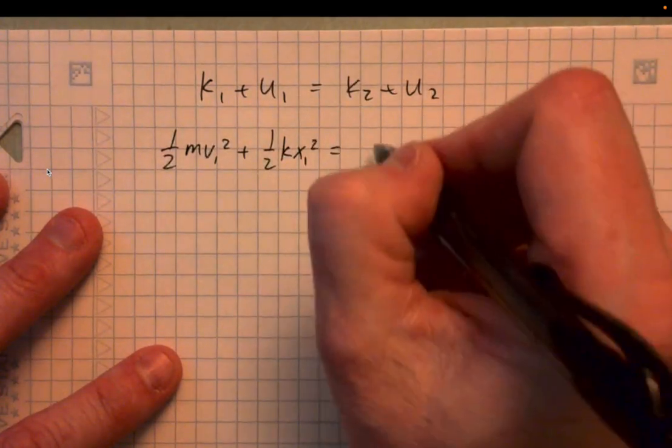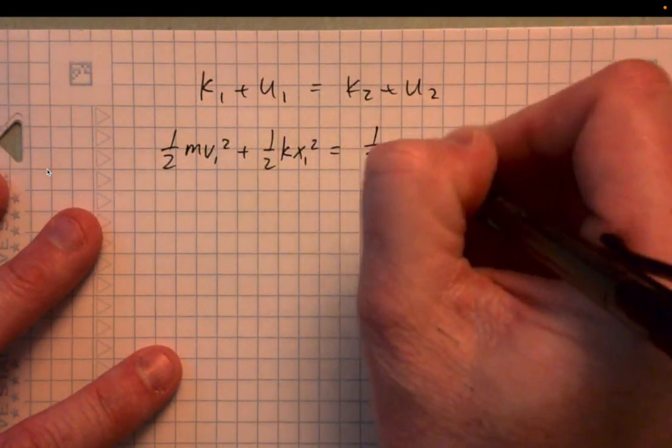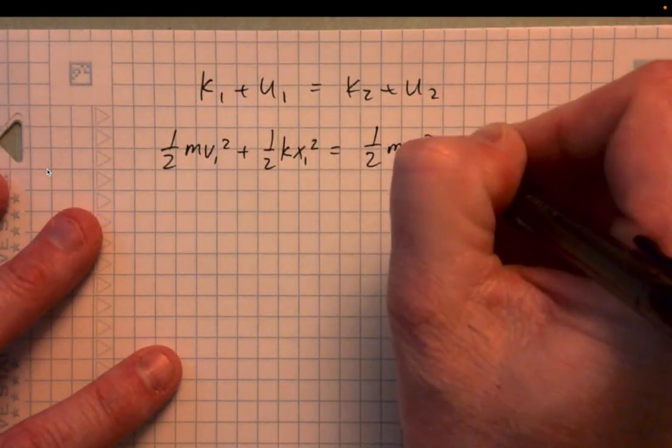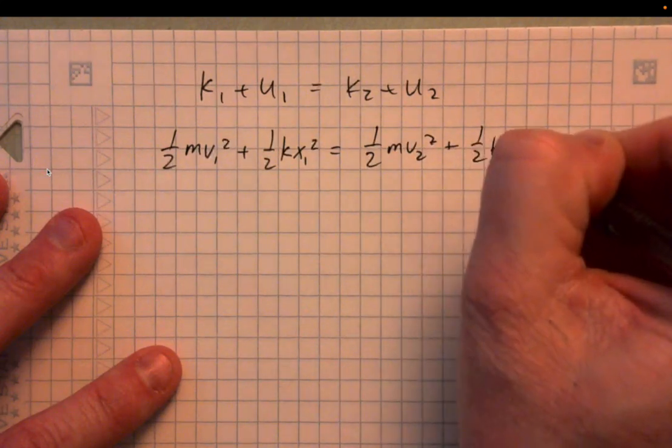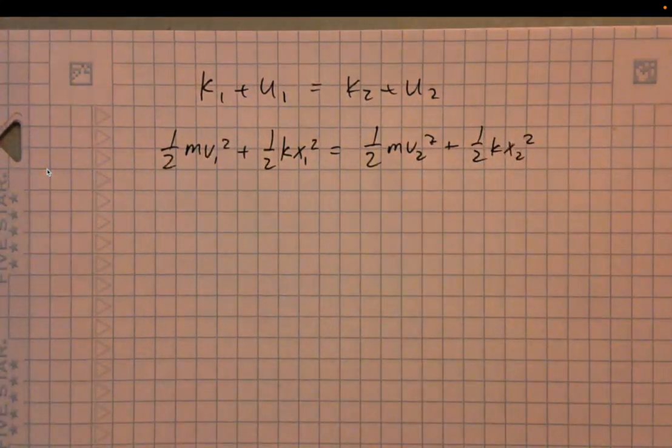Okay, and this is equal to 1/2 mv2 squared plus 1/2 kx2 squared. All right, and so the total mechanical energy of the system is preserved, and therefore it's conservative. And this is the elastic potential energy equivalent of what we saw in the previous section for gravitational potential energy.